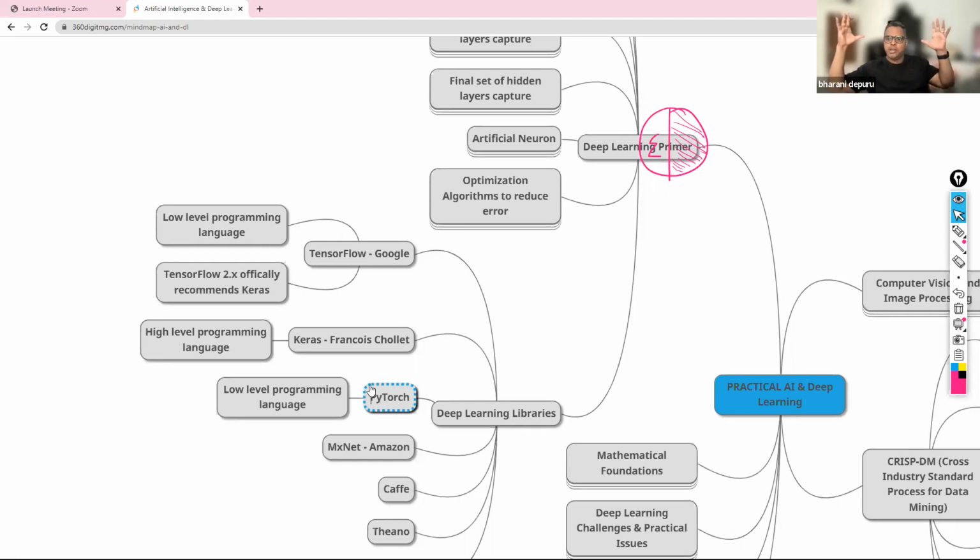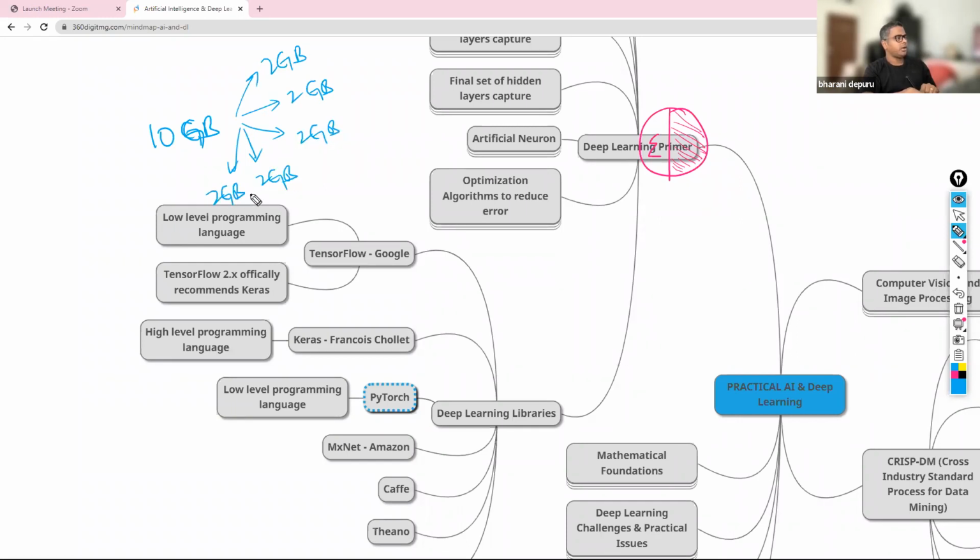When you have 10 GB, 20 GB of data, and each of your computers has only 2 GB, how would you store it? 2 GB in one computer, 2 GB in another computer. In that way, you split. Because each of your computers has 2 GB, this is what happens.